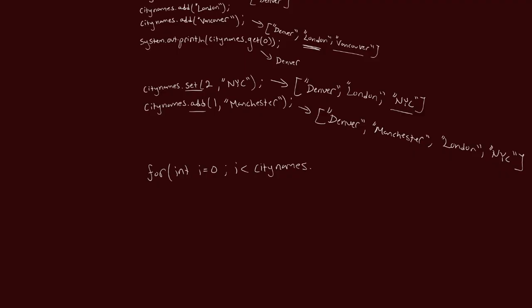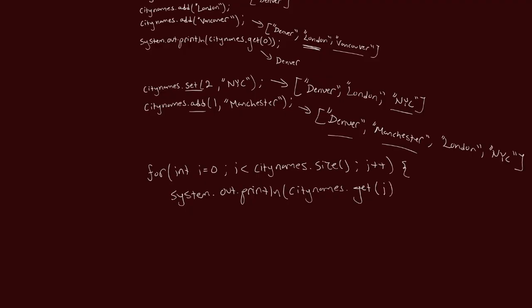Instead of .length, you do .size, and then you do i plus plus, and then System.out.println, and you get the contents of this array. So you do cityNames.get, and then you pass in the index value. That's one way to do it.